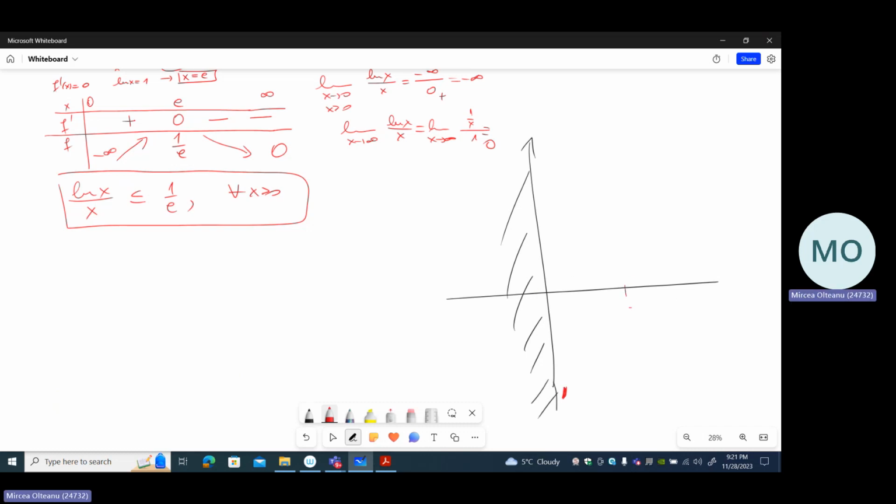It goes to the value at e, which is 1 over e, and then it goes to the horizontal asymptote, which is the horizontal axis. So the graph is approximately like this. Okay.